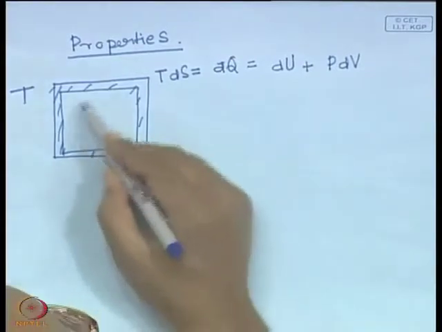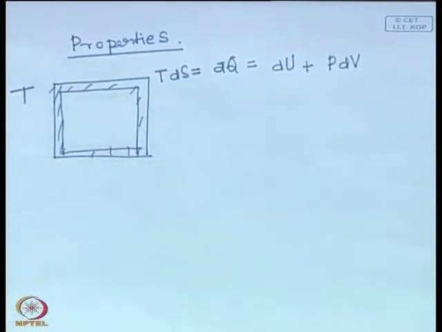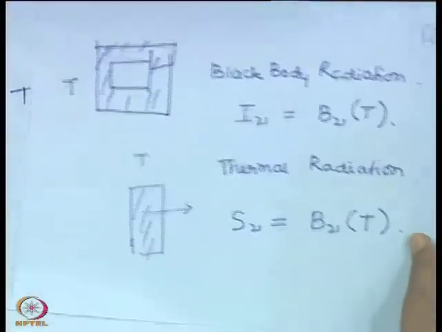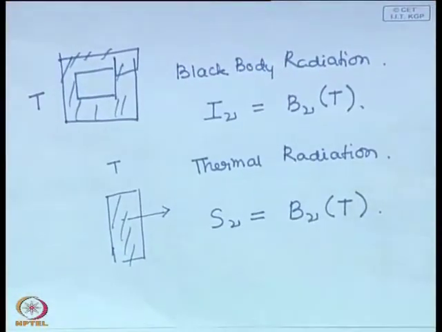Now, for the black body radiation, we have seen what properties it has. There is one property which I should have mentioned, but I did not: the fact that this radiation is isotropic.